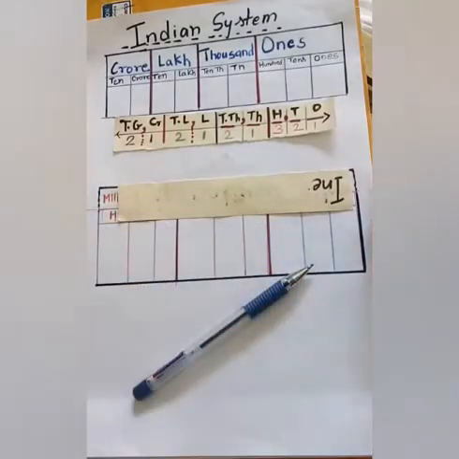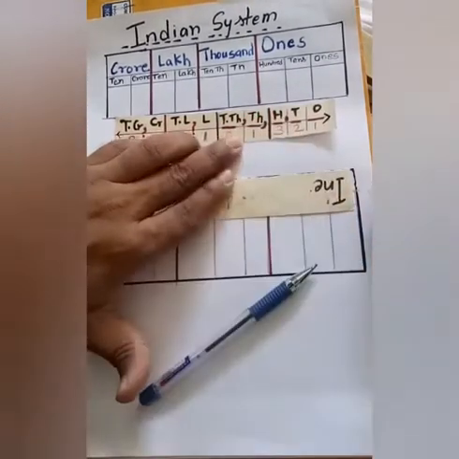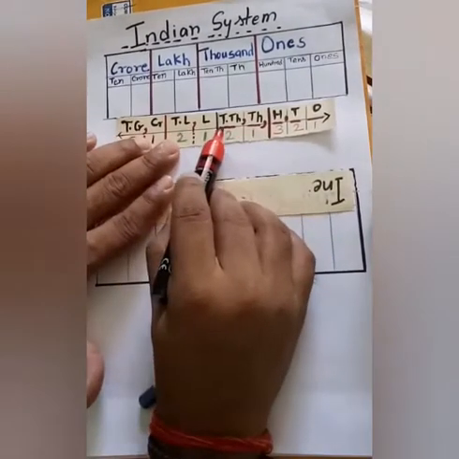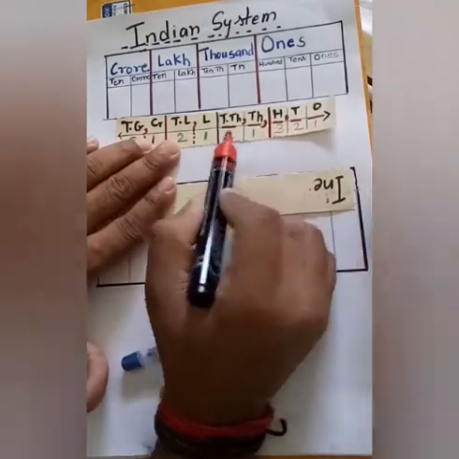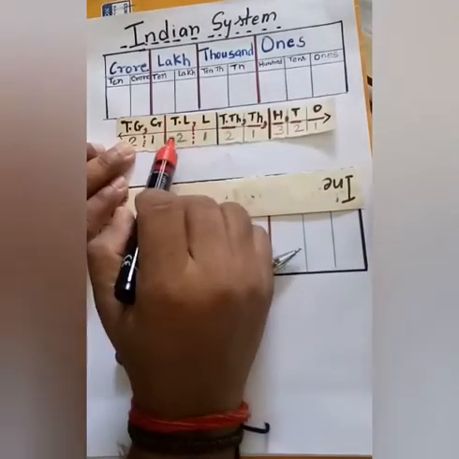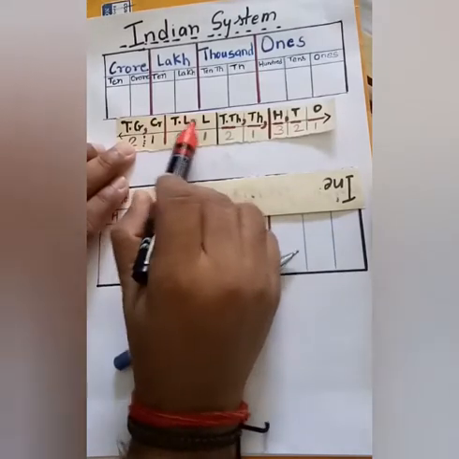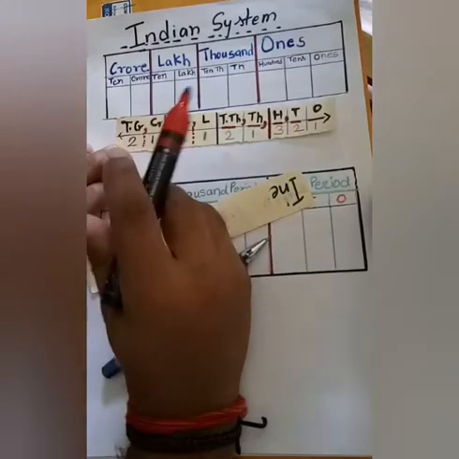Let me draw that comma for you. After that, thousand and 10,000 carry two digits only. The thousands column contains just two digits, the lakh column also contains two digits, and the crore also contains two digits only.